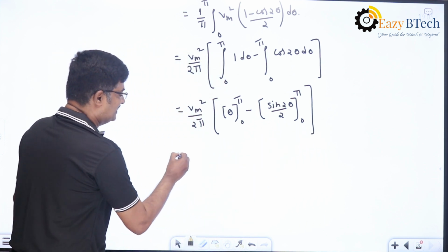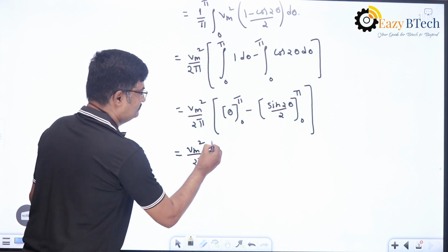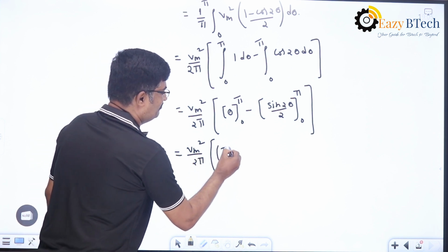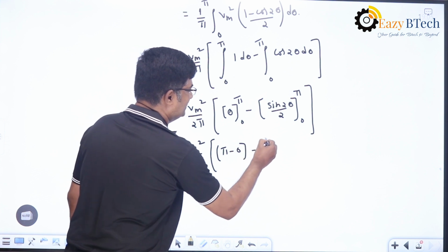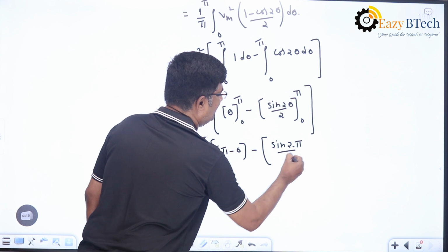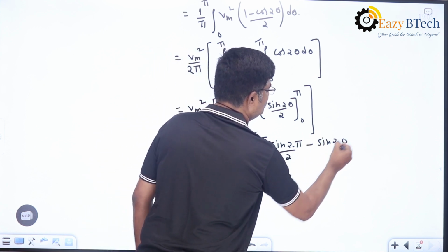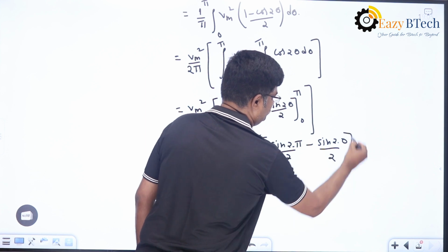Now if I am substituting the limits, I will be getting Vm square by 2 pi, here pi minus 0 minus sin 2 into pi by 2 minus sin 2 into 0 by 2, whole I will be getting.